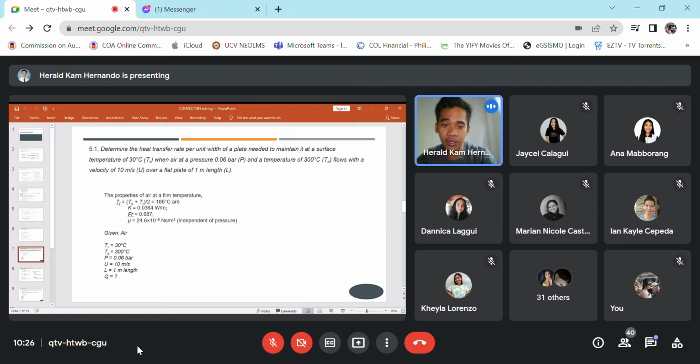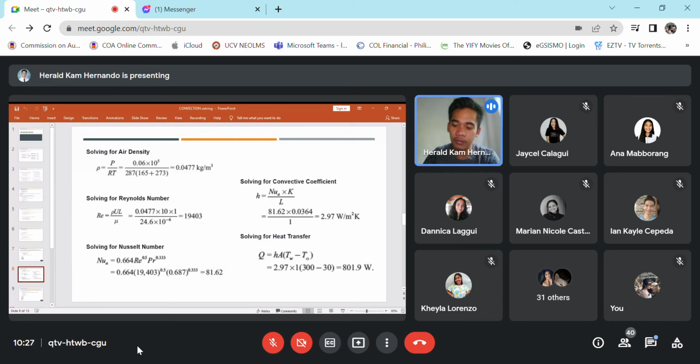From the problem, we are given air, a surface temperature of 30 degrees Celsius, a fluid temperature of 300, a pressure of 0.06 bar, a velocity U of 10 meters per second, and a length of 1 meter. We have to find the convective heat transfer rate.